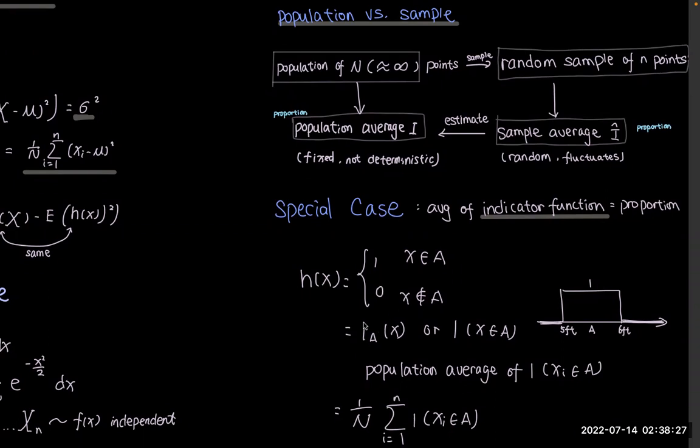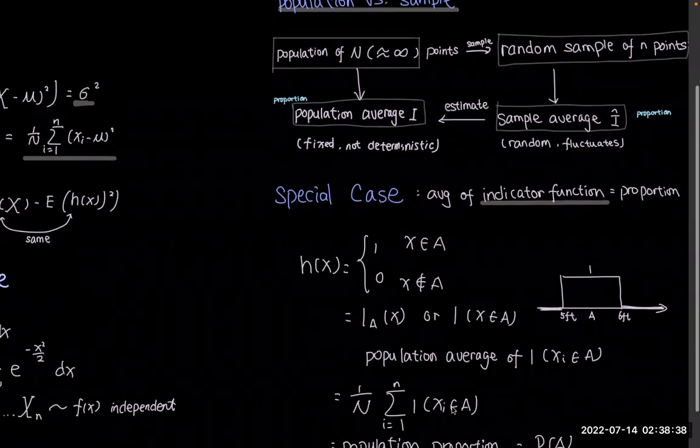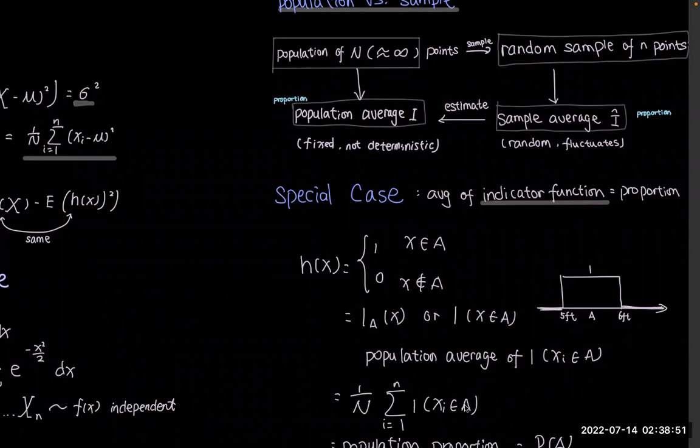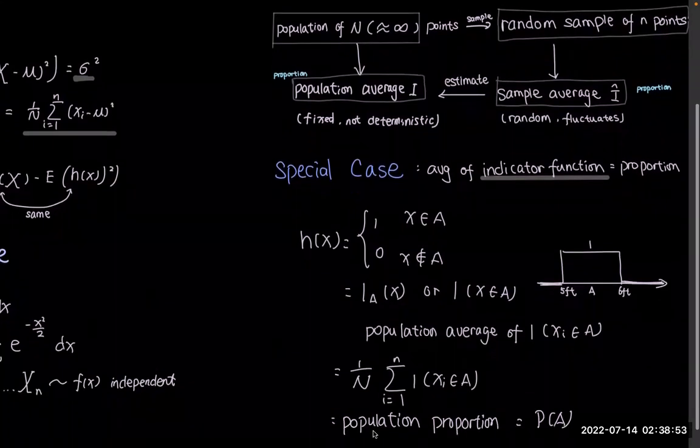We can either use the notation indicator 1_A of x or simply 1 of x in A to denote this function. Then if we look at the population average of this function, that is 1 over capital N, summation i from 1 to, again, here this should be capital N, a typo, capital N, of the indicator function of x_i in A. So this will be the population proportion for all the points in A.